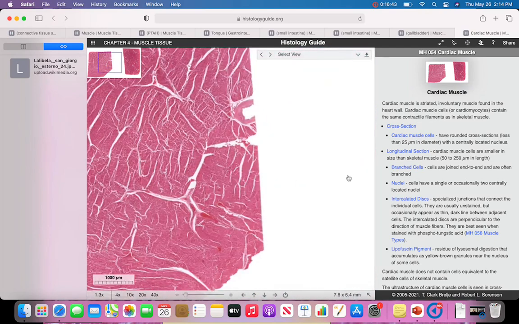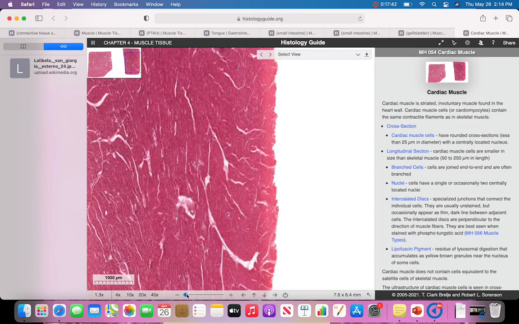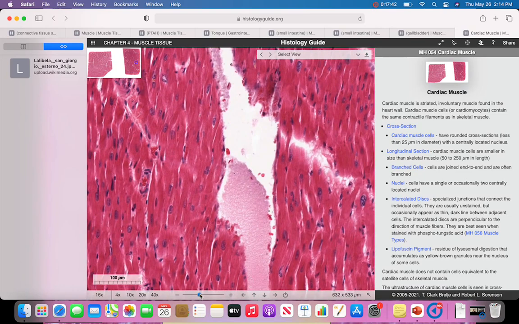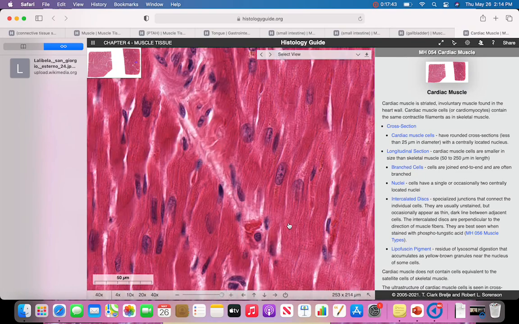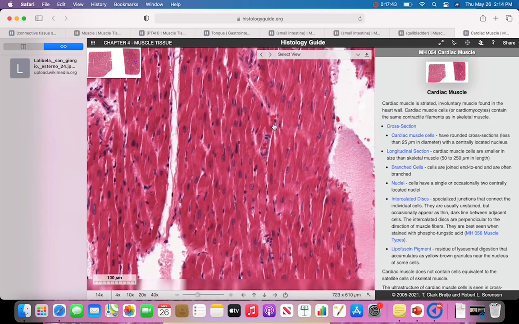Let's zoom out from here and see the longitudinal section. Here we can also see that the nucleus is found at the center, and cardiac muscle cells are branching. They give branches, and the branches will merge with adjacent muscle cells.